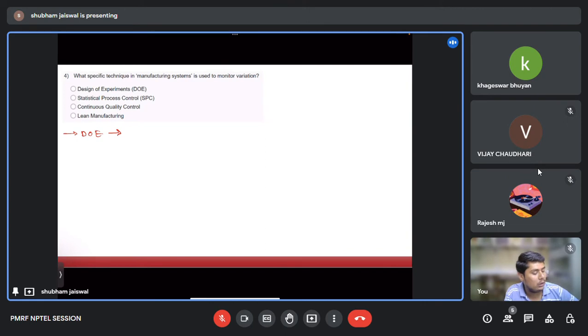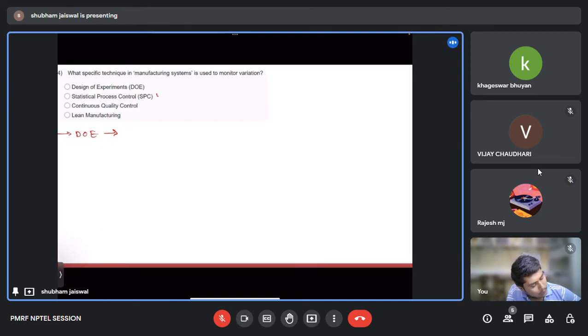When we talk about statistical process control, it tells whether the process is functioning properly or not. If we are determining that, we are monitoring the process, so we are monitoring the variation. So the correct answer is statistical process control. This will not be the answer.